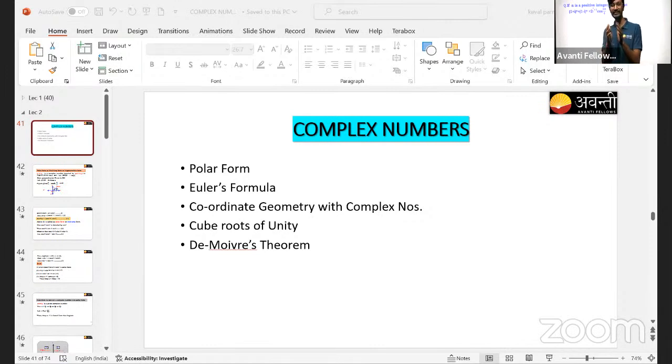So if we notice the last two questions, we had the power 4 and then 8, and before that also we had higher powers. Here also we have raised to the power n. So basically, if in a question we see higher powers, then it is a hint that we have to use exponential form. And to use exponential form, we need to convert this into polar form. So that is the main part of converting into polar form.